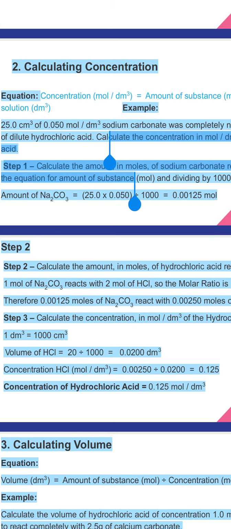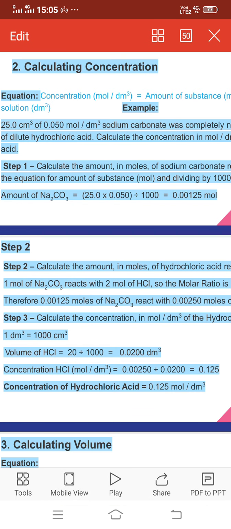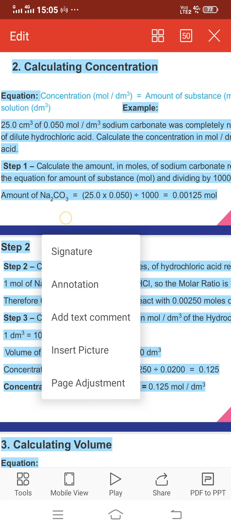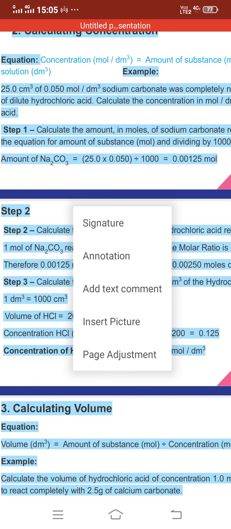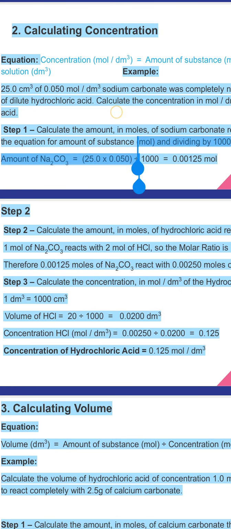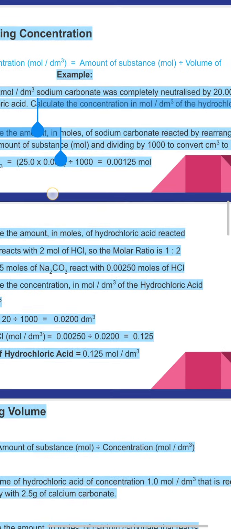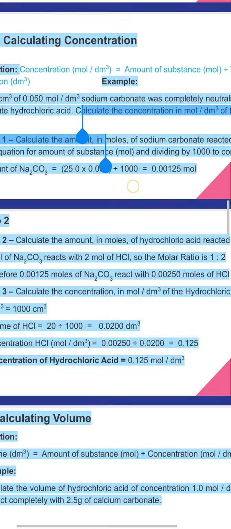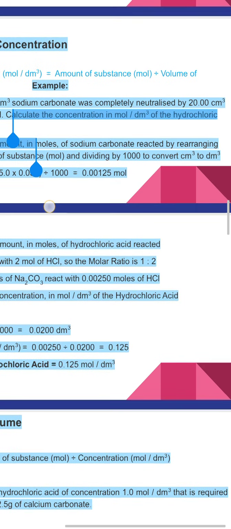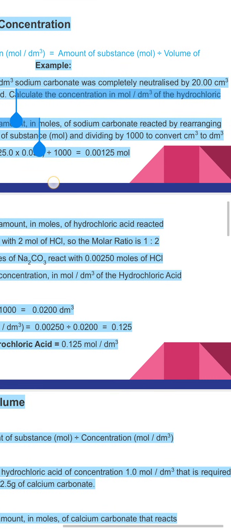Step 1. Calculate the amount in moles of sodium carbonate reacted by rearranging the equation for amount of substance in mole and dividing by 1000 to convert centimeter cube to decimeter cube.